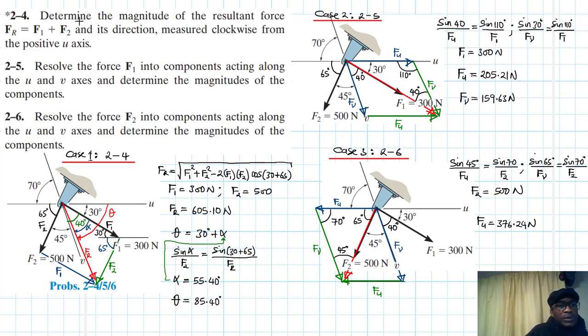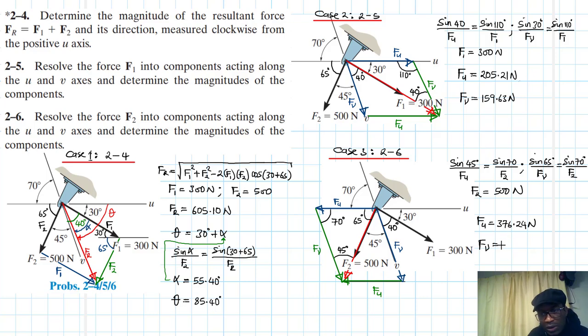Okay, great. And then Fv, let me check Fu again. So we said 500 sine 45 divided by sine 70, that's 376.24. In the other one, we have 500 sine 65 divided by sine 70.